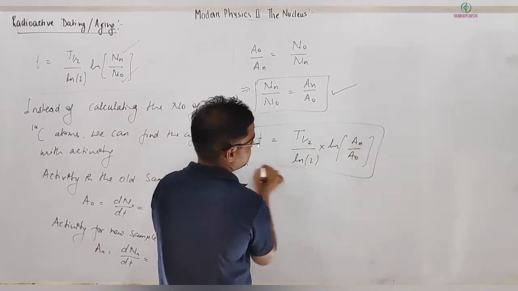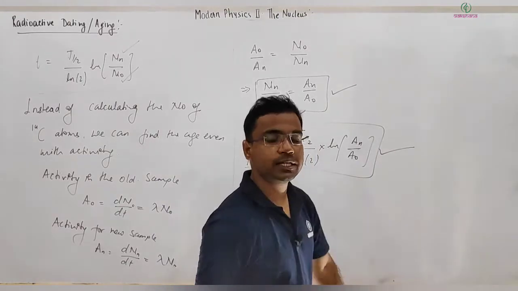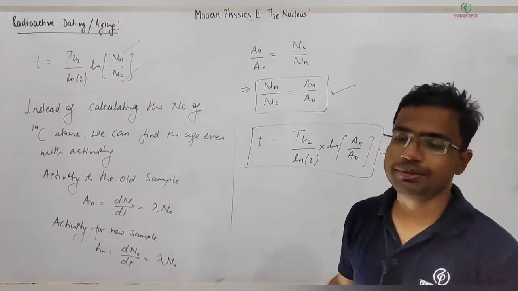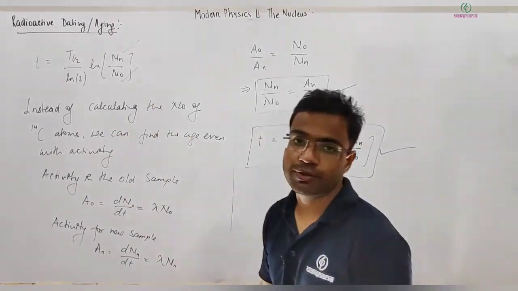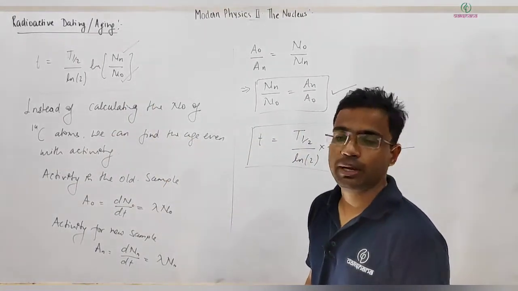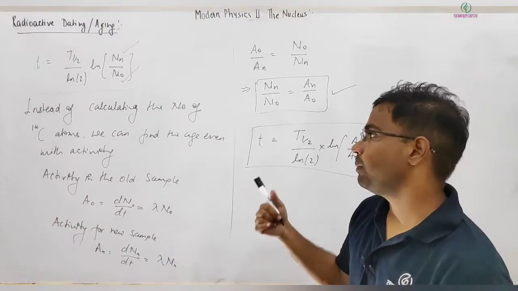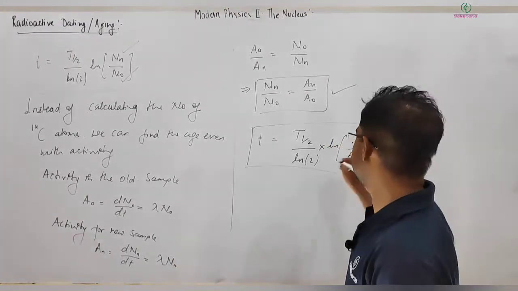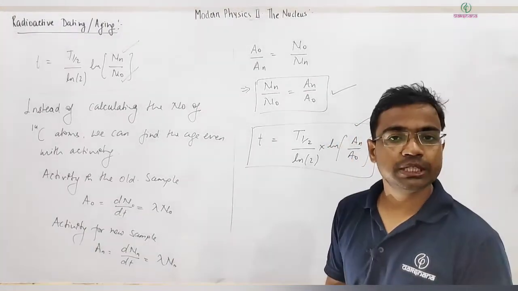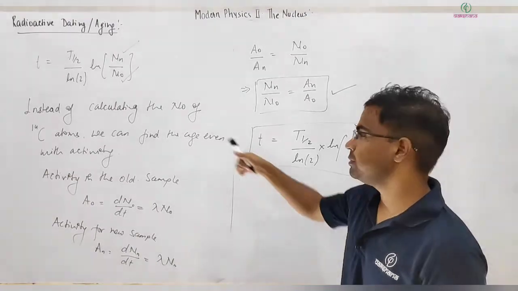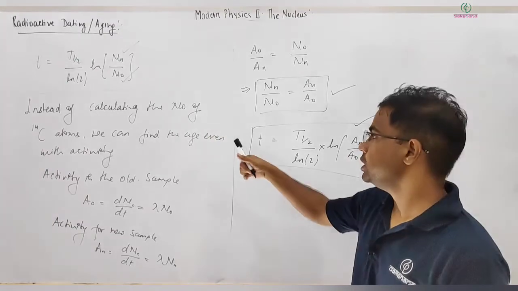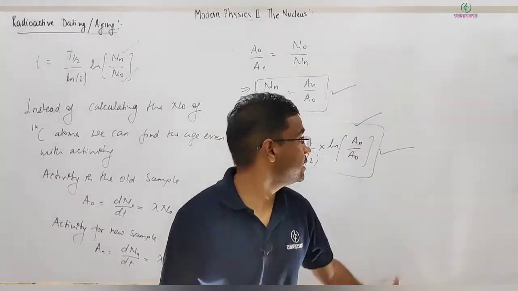It's the same thing, just easier to do the calculation in terms of activity. You can use this formula if you are given the number of carbon-14 atoms in the new and old sample, and if you are given the activity in the present and old sample instead, then you can use this relation. Both are exactly the same, so you will get the age either way.